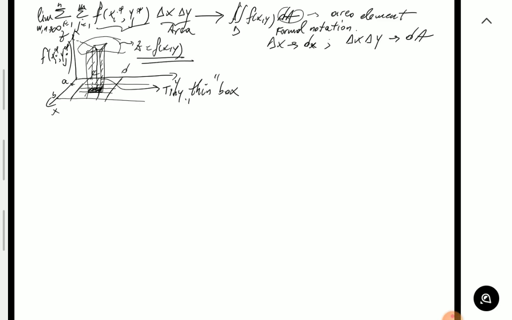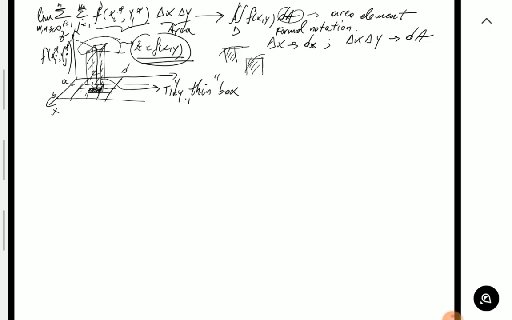Some portion of this tiny box is going to be above the surface, some of it below. Just analogous to how in the single dimension case, for a function of a single variable, you had that rectangle, a portion of it could be above, a portion of it could be below the graph of the function. Same idea here, except that we have a box that is either above or below the surface, which represents the graph of the function f of x, y.